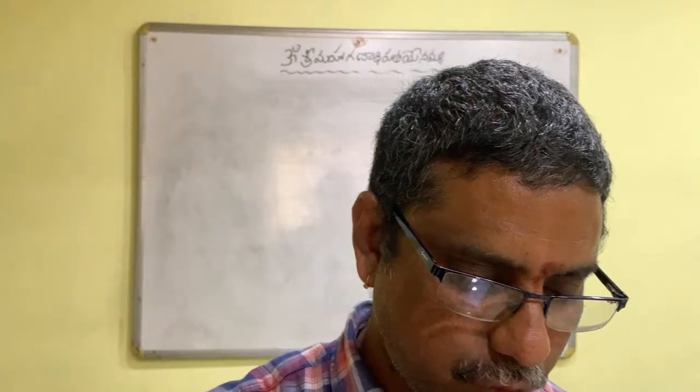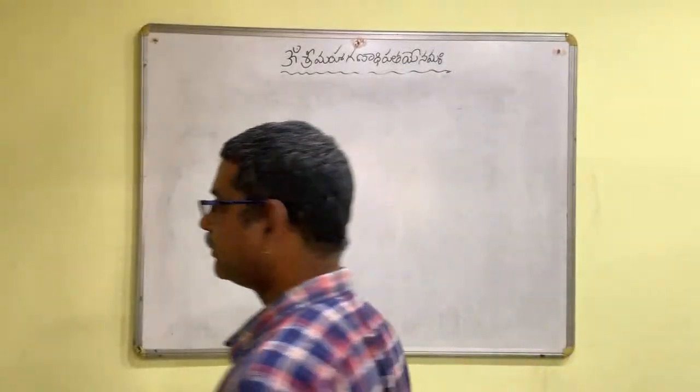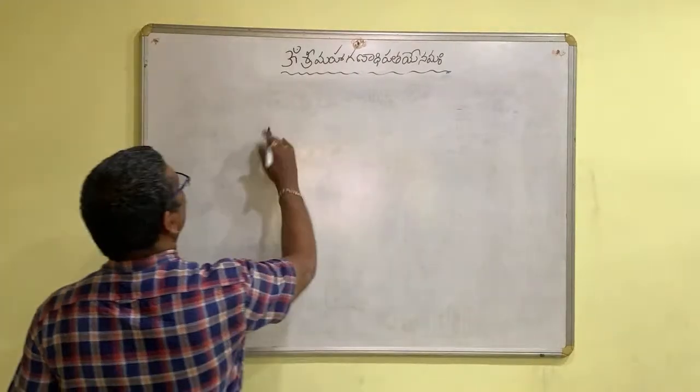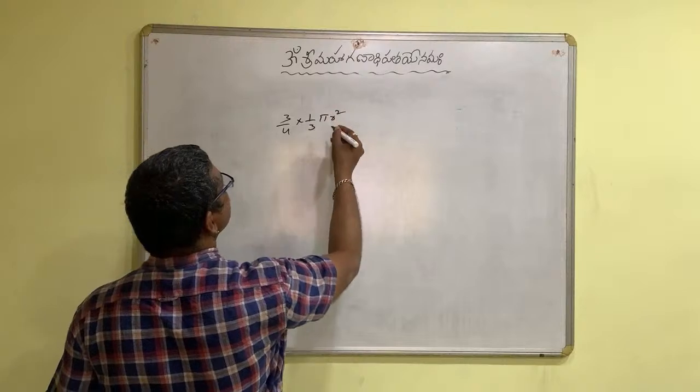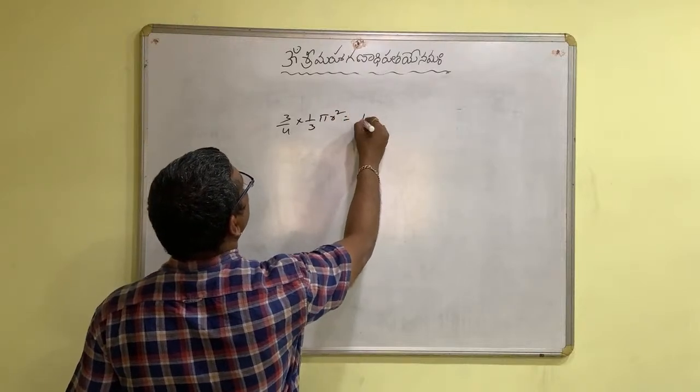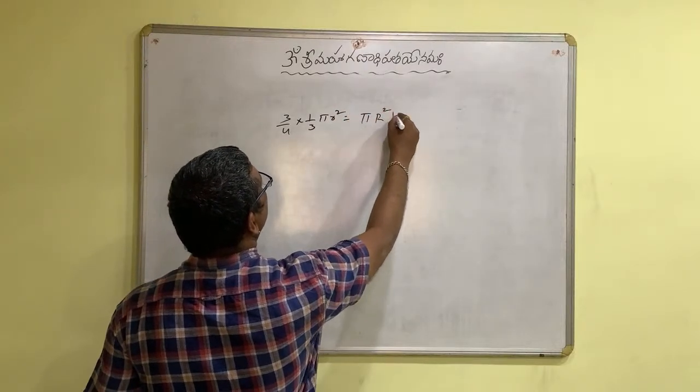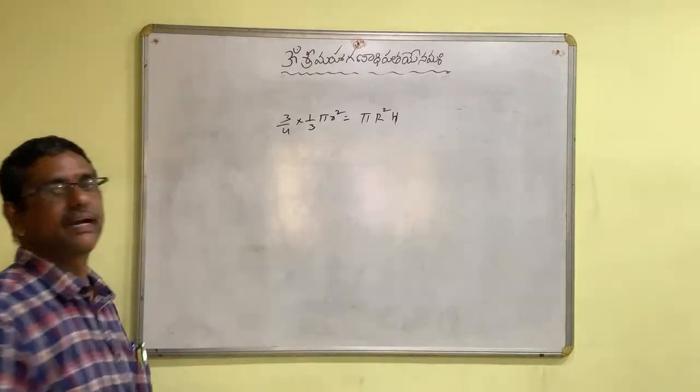The 3/4 part of a conical vessel of internal radius 5 cm and height 24 is full of water. So 3/4 of 1/3 pi r square h is equal to pi r square h, the volume of the cylinder.